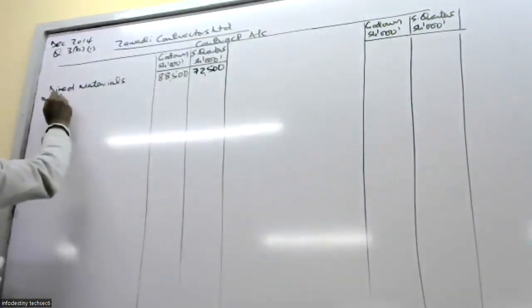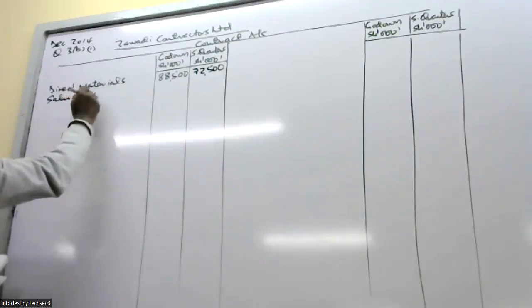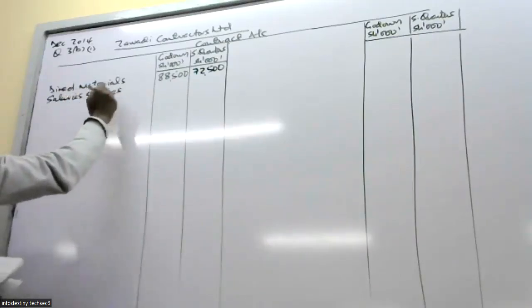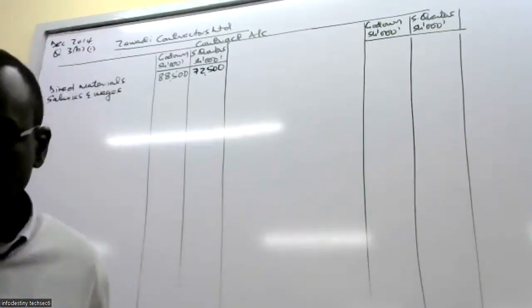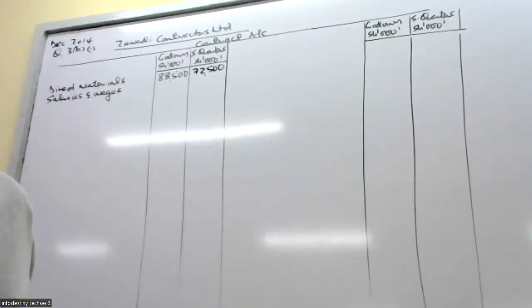Look for salaries and wages. Alice also gave us 72,500 there, 72,500 for materials, yes, staff quarters.